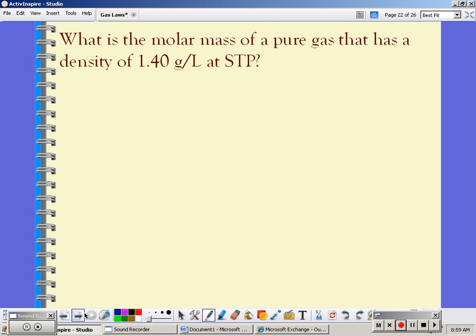So if we look at two examples using those concepts, in our first example here, we're given 1.4 grams per liter. Well, grams per liter is a unit for density. I'm also told standard temperature and standard pressure, so I know my temperature is 0 degrees Celsius, which is 273 Kelvin, and my pressure is 1 atm.